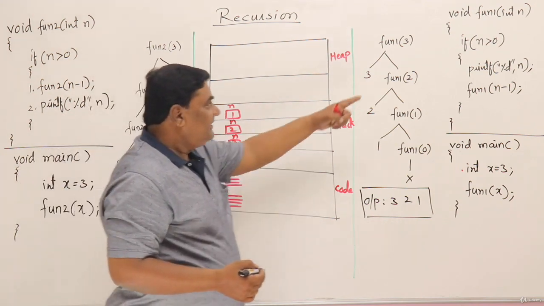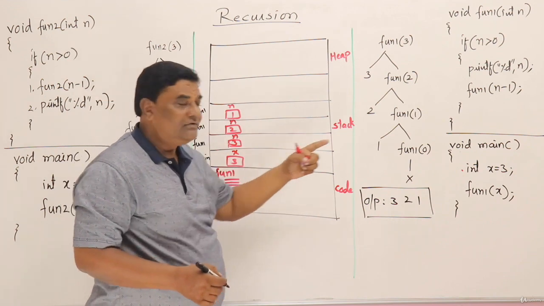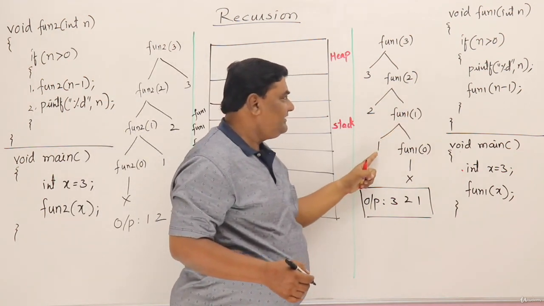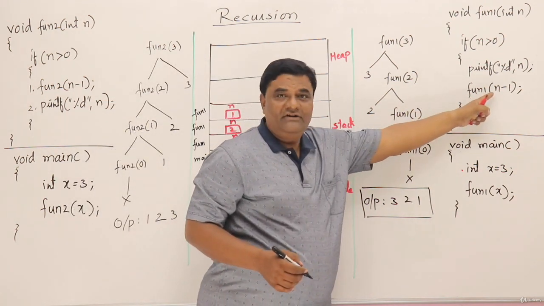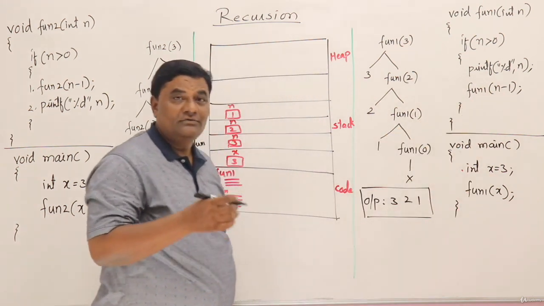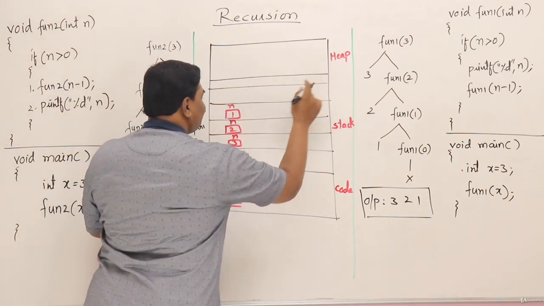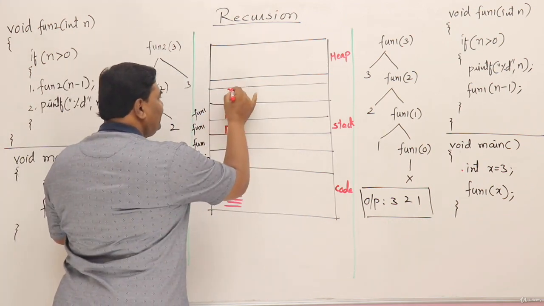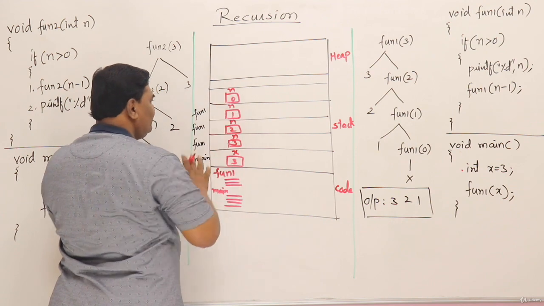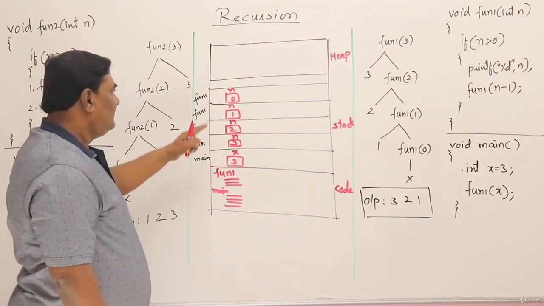Now again, if n is greater than 0, yes, 1 is greater than 0, print 1, 1 is printed. Then again call fun1, with decremented value, n minus 1. So again an activation record for fun1 is created, and it will have the variable n, and that value is 0. This is a call again for fun1.